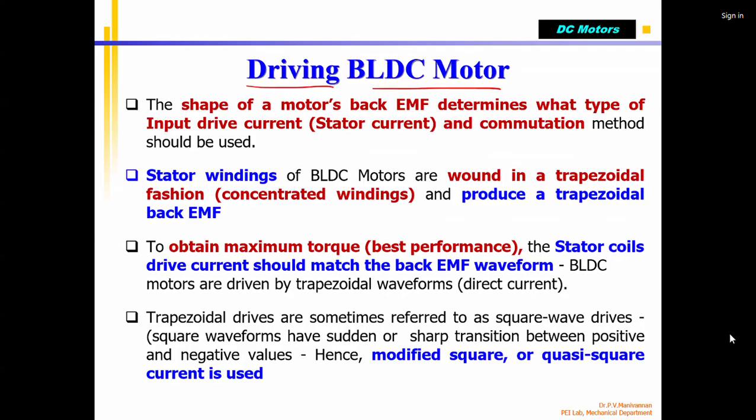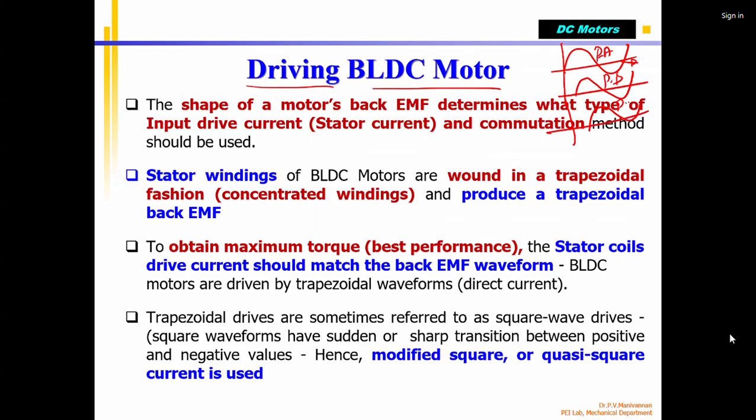It has 3 stator coils supplied with 3-phase AC voltage. We supplied 3-phase AC voltage. This is phase A, correct? PA, PB, PC. But the thing is, the stator coils are supplied with AC voltage, okay?